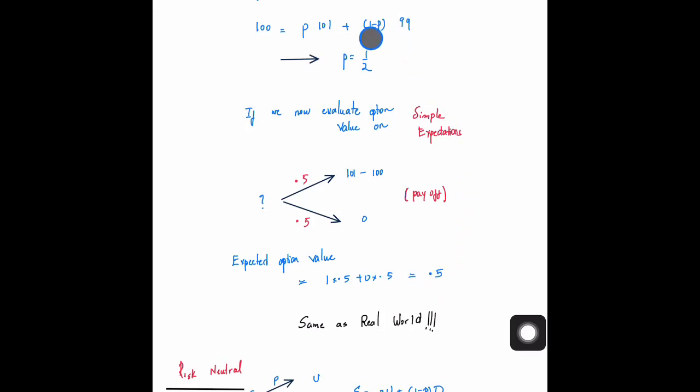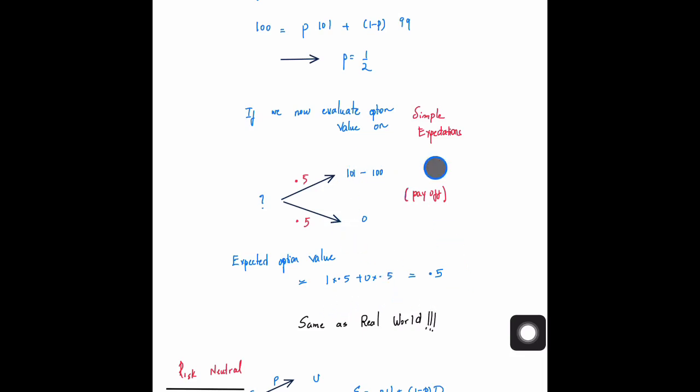But if I'm using a probability that I'm evaluating by hand, saying that if the stock is rightly priced on simple expectations, my probability had to be equal to 1/2, which itself was the wrong probability. Okay, I'm basically using the wrong probabilities and then trying to evaluate the expected value. I'm getting the right option value.